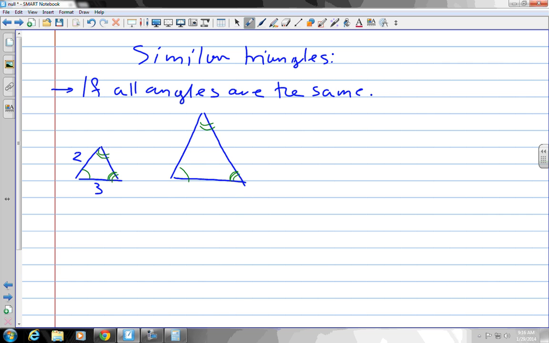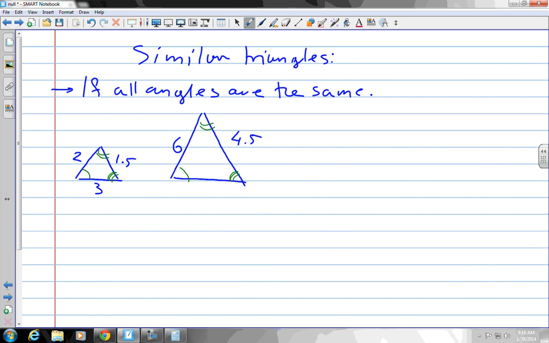So if I actually put some numbers onto this triangle, let's say this triangle has sides 2, 3, and 1.5, and that other triangle has sides 6 and 4.5. The nice thing about similar triangles is that the ratios remain the same.